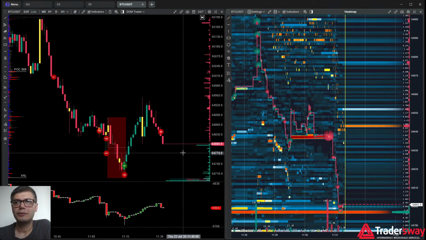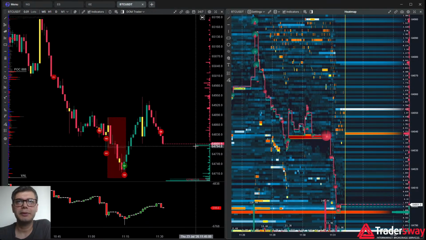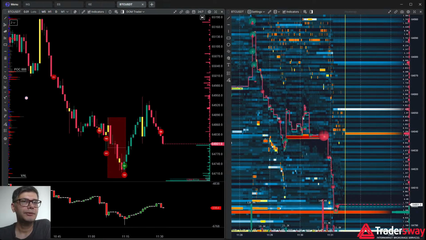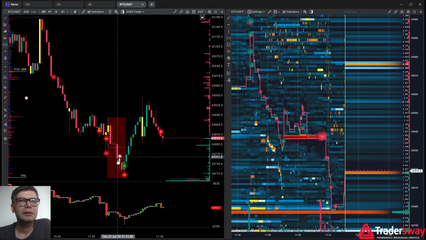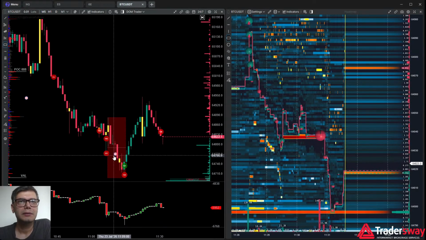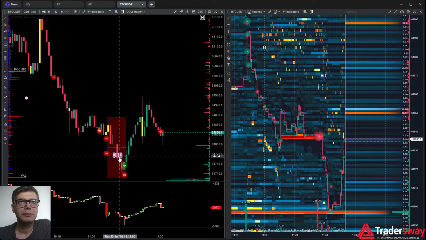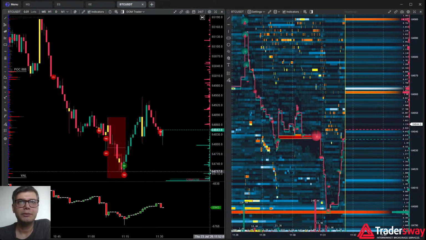Let's see about that. They've left again a ton of big trades in here. The bottom of the line is based on price action. It should not fall below this point.